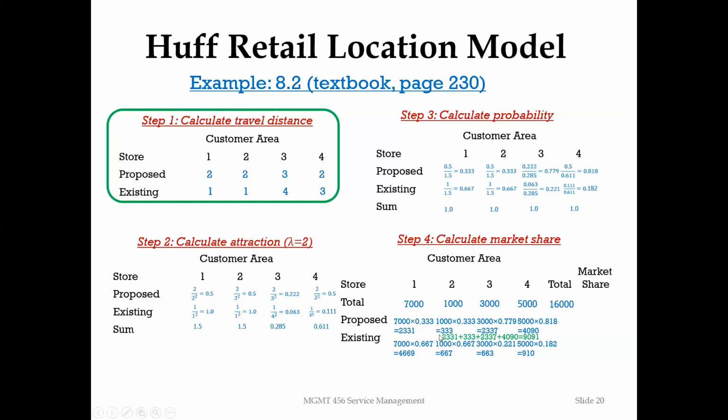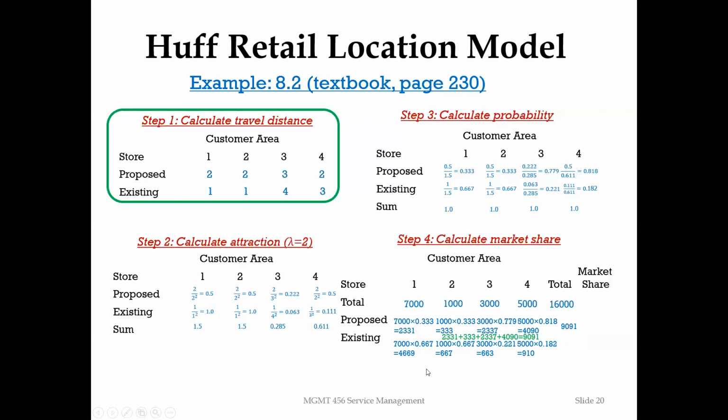So now the question, what is the total? How many dollars will be spent in the proposed store combining all 4 areas? So we do a simple sum. 2,331 plus 333 plus 2,337 plus 4,090. So total will be $9,091. So that's how much money in total will be spent in the proposed store. So $9,091.